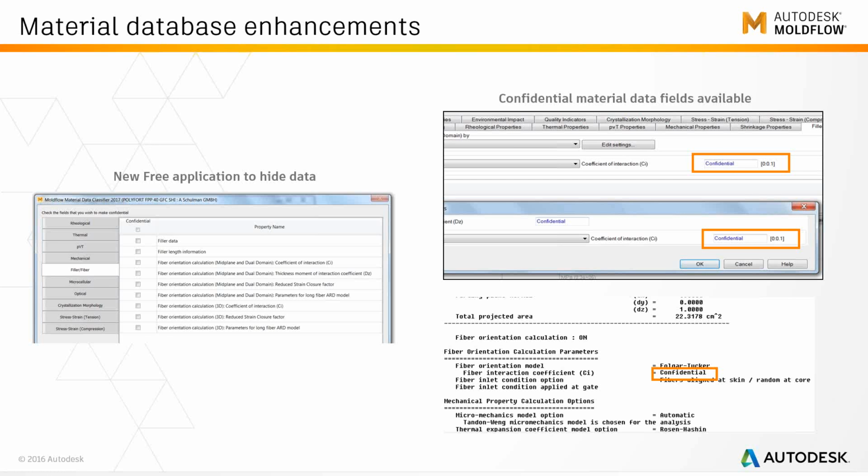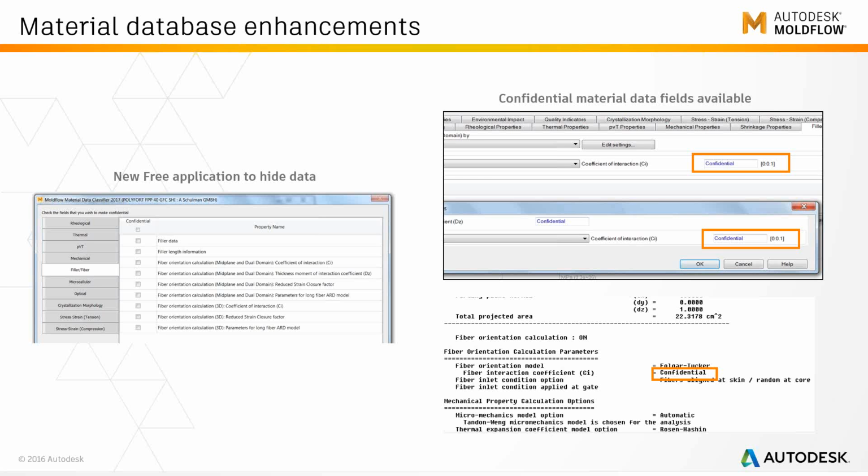Like if the material supplier has better data sets for, let's say, RSC parameters for fiber orientation or nonlinear mechanical data that they want to have classified, we will honor that. We will not go to the point that we also allow a customer to add, for instance, confidential PVT data, because we do think that these things are very important for the end user to understand, because it's part of the DNA of the material.